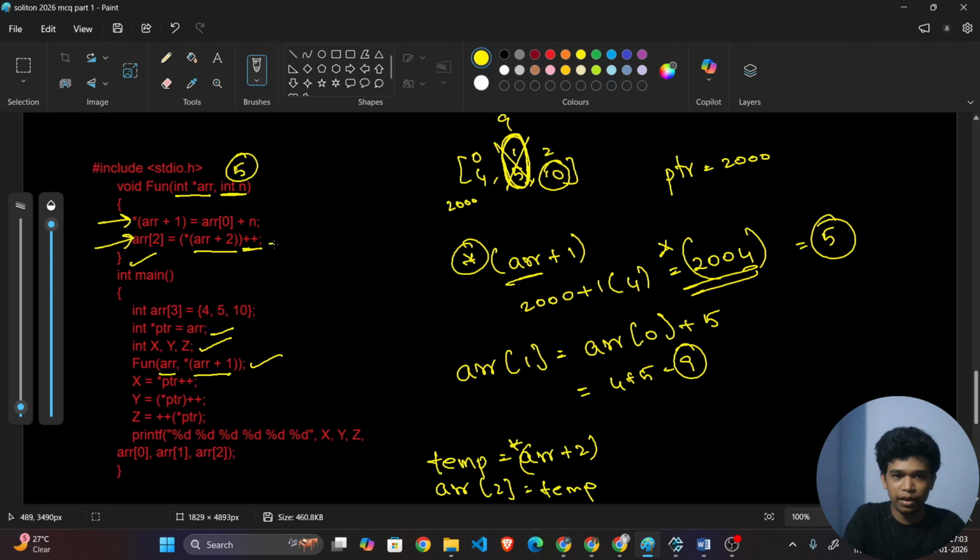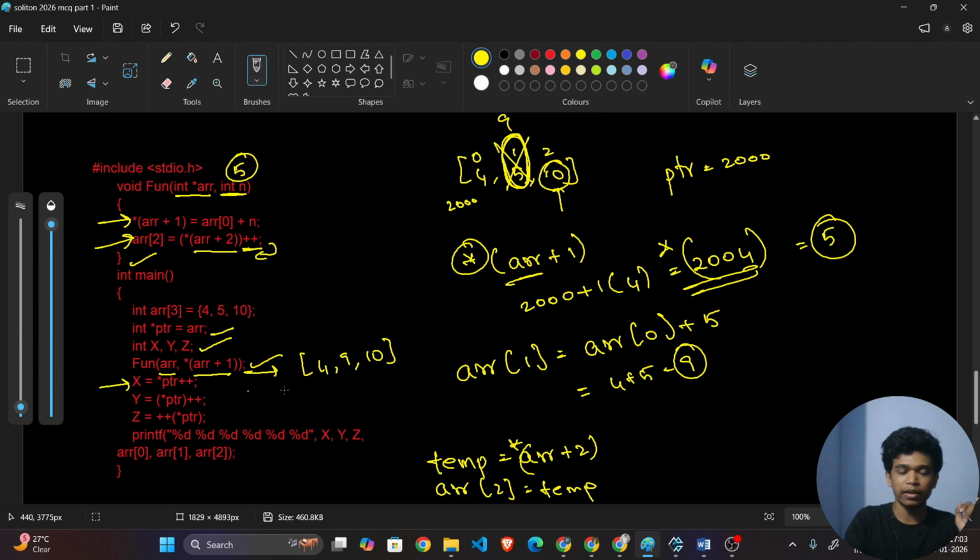After this line there is nothing, right? Which means the increment operation is not done, so my second index will remain as 10 itself. Can you understand this? So, after this step, how does my array look? It looks like 4, 9 and 10.